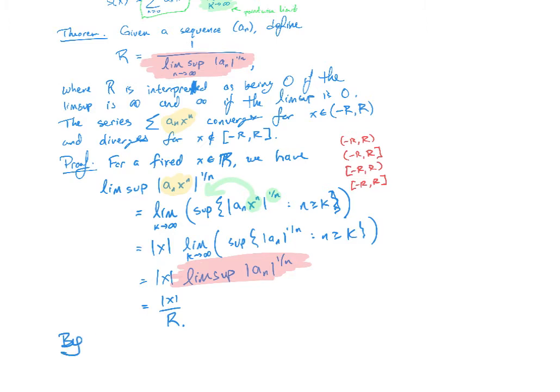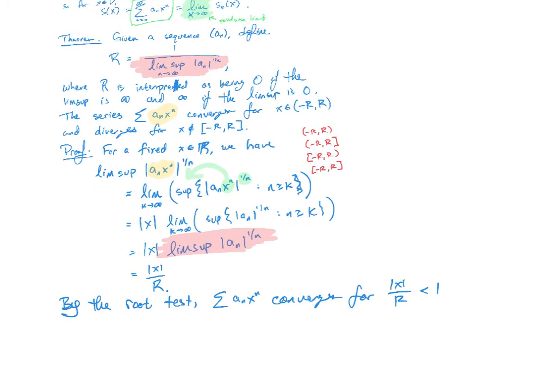By the root test, our series converges for, well, when this thing is less than 1, and diverges when it's greater than 1. I mean, that's the end of the proof.